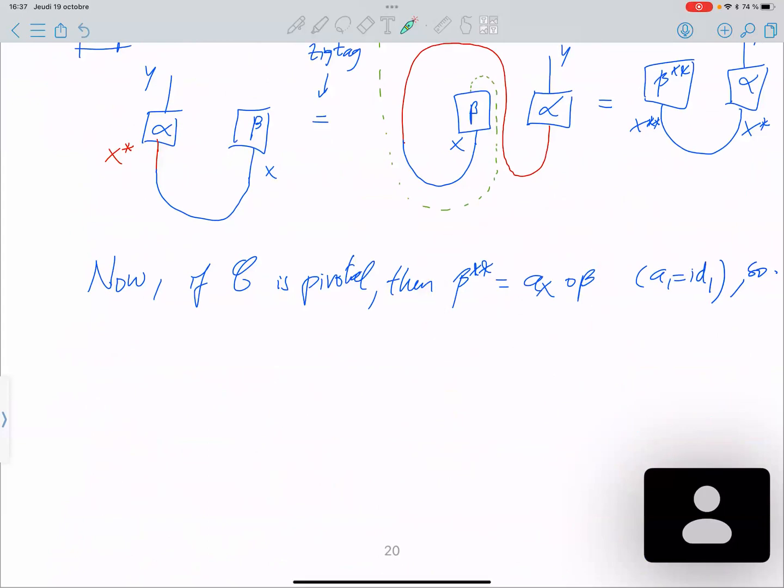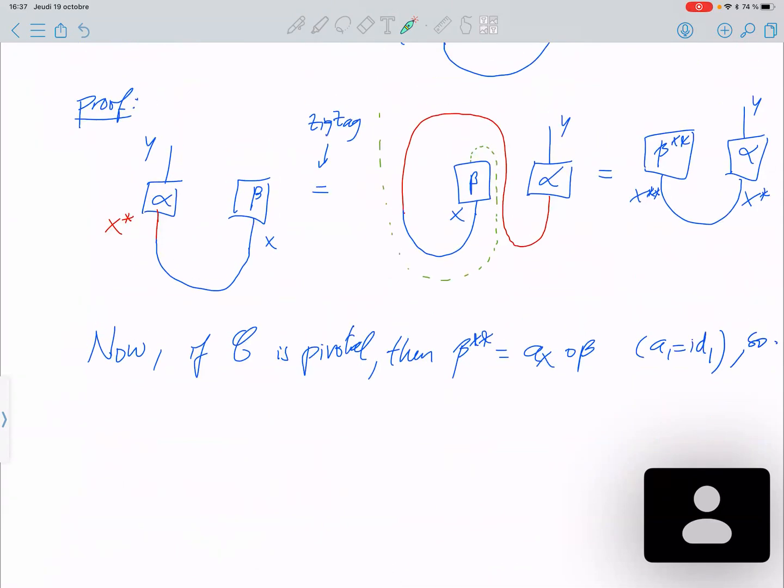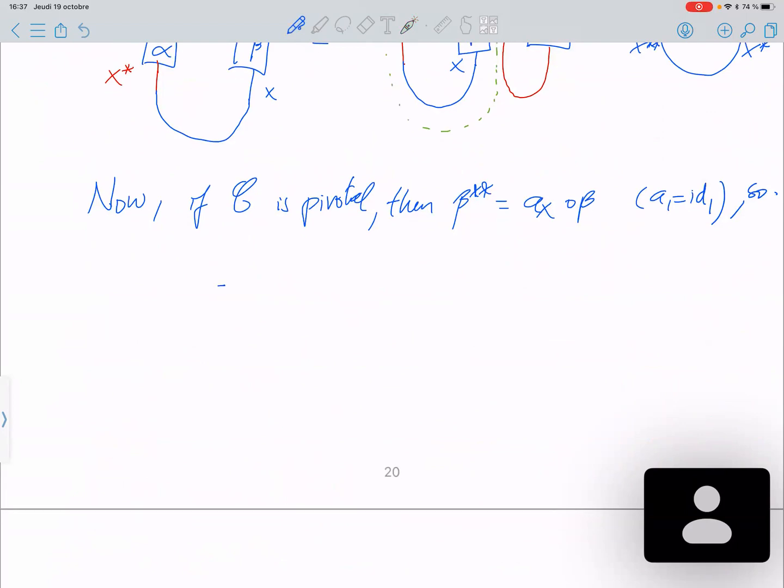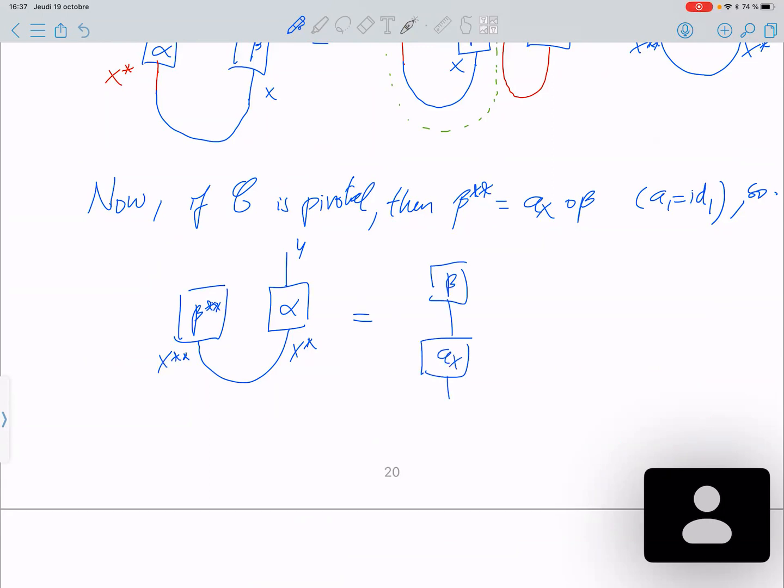And so you just need to replace beta double star here by that to get the end of the proof. Beta double star alpha Y X star X double star equals, we have beta A X alpha Y X star.